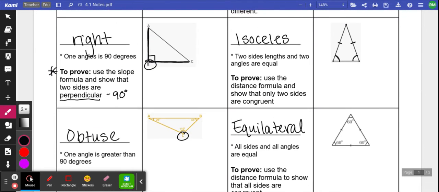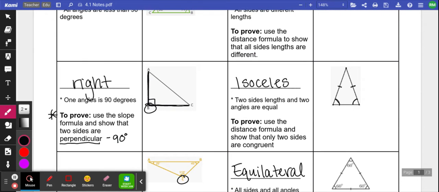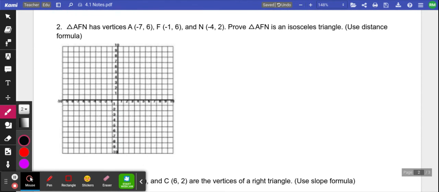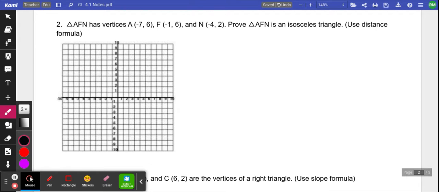So if you go back up here, we're going to look at isosceles, and it says to prove, we need to use the distance formula and show that only two sides are congruent. So you must use the distance formula 3 times to show that two sides are congruent, and then the third side is not congruent.